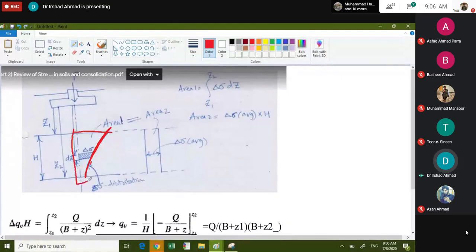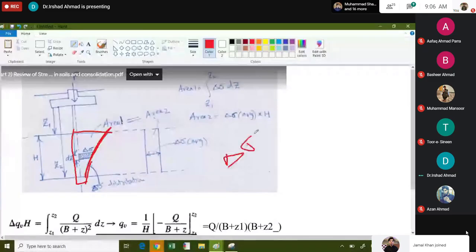Again, to find delta sigma average, you would find the area and divide by h, because you want to find the average stress increase in this layer.